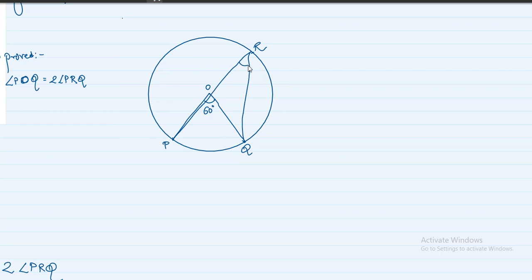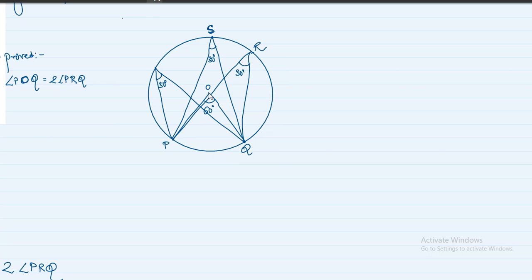So this angle will be how much? It will be 30 degree. Also, if I take one angle over here, can you tell me this angle will be how much? 30 degree. Let's say this is S. If I take a point over here, how much will this angle be? This will also be 30 degree.